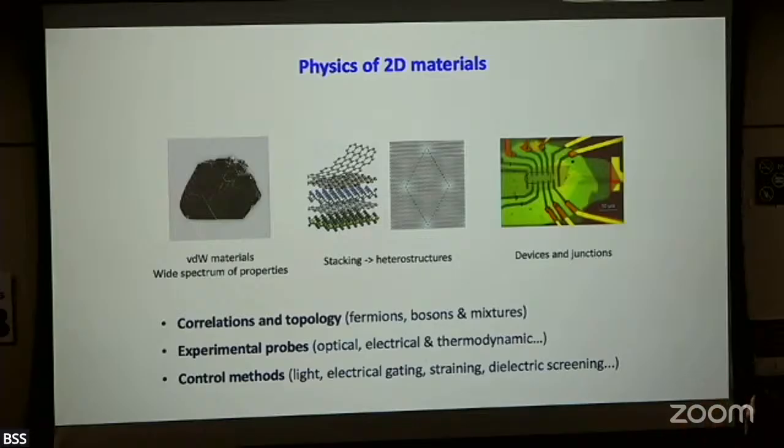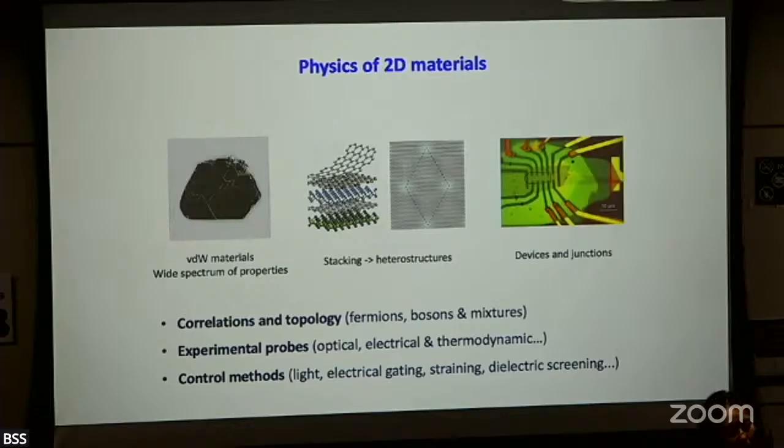So those 2D materials are pretty good test beds for theoretical models because we have a lot of control knobs. Just imagine you have a parallel plate capacitor, so you can put a voltage on your gates. So you can control doping density, you can control the displacement field perpendicular to your sample.